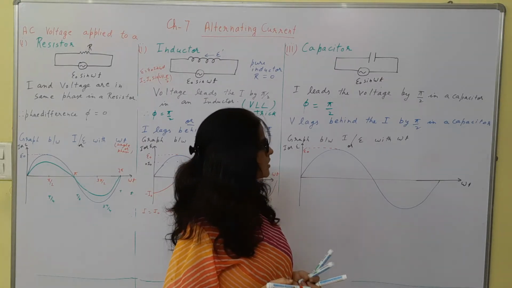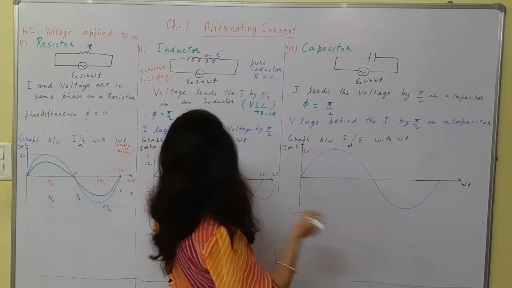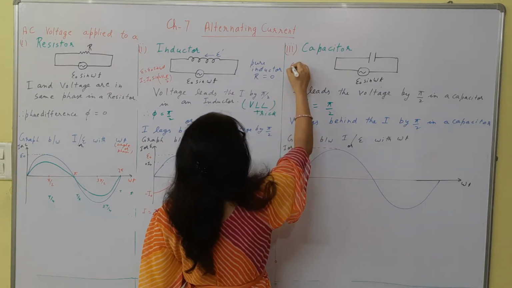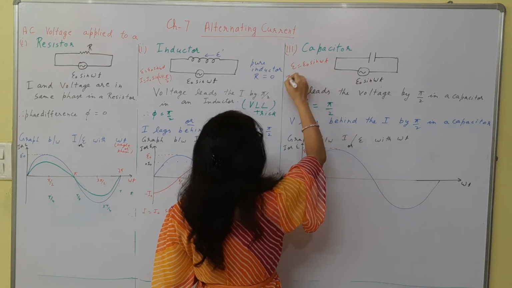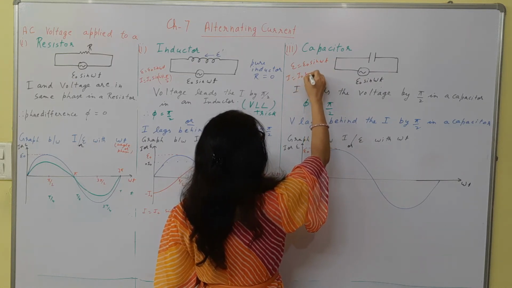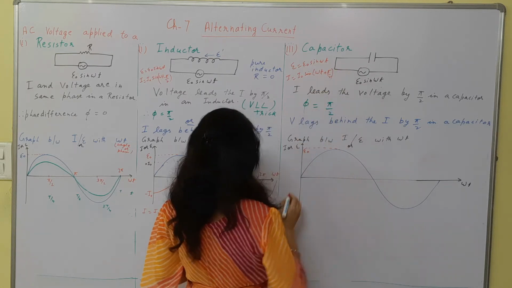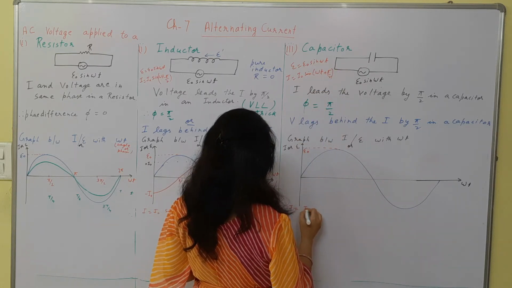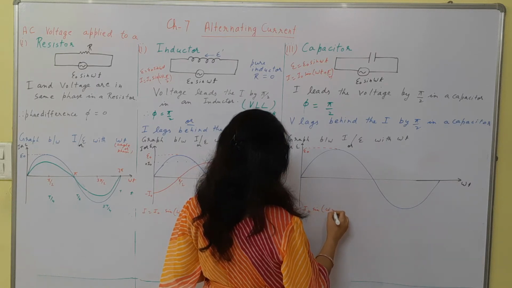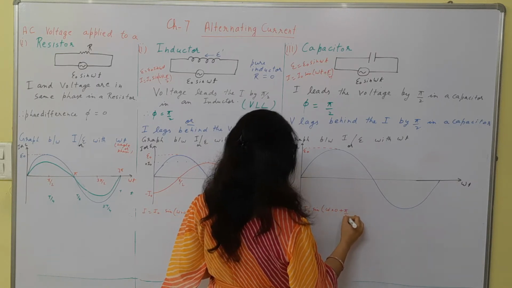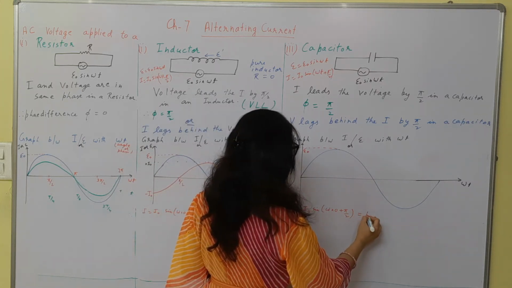Now in case of capacitor, the current leads the voltage by pi by 2. So if you remember the expression, this is E naught sin omega t and current is I naught sin omega t plus pi by 2. So if you put t is equal to 0, sin 90 is 1, so I will be equal to I naught.